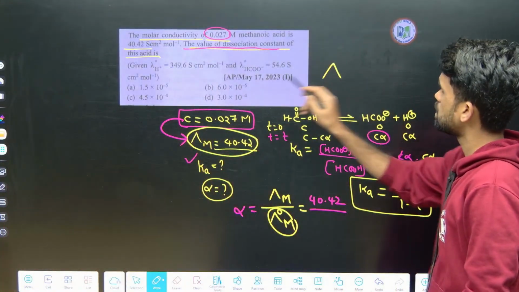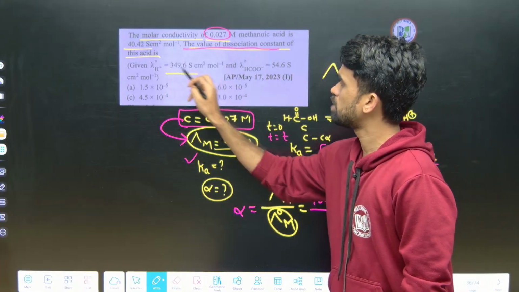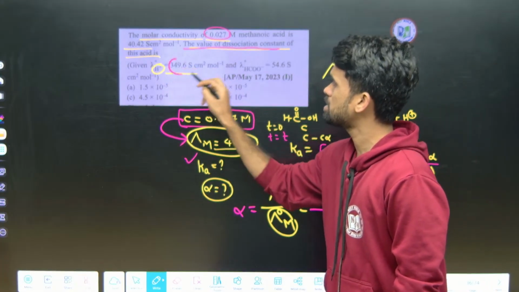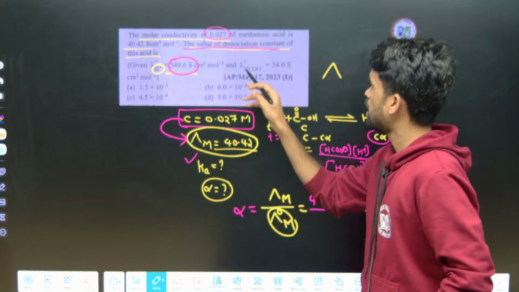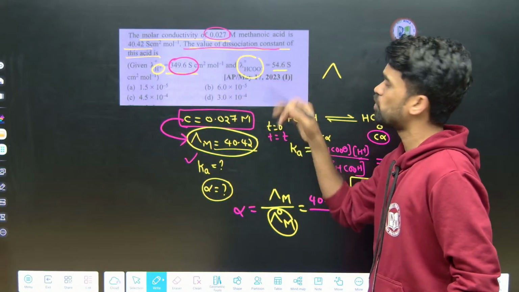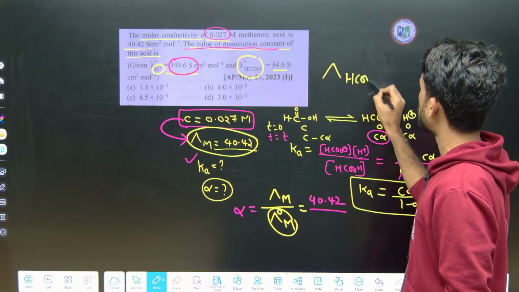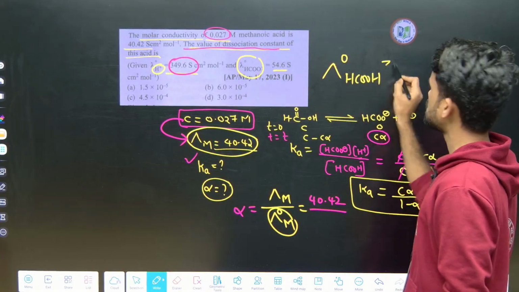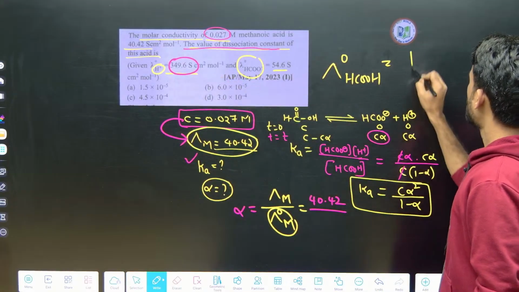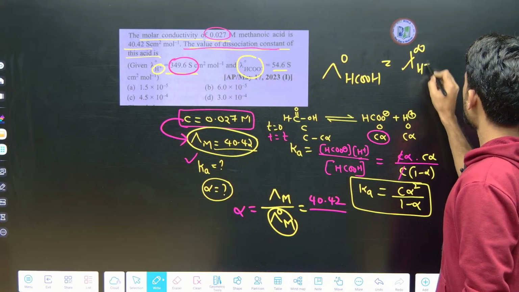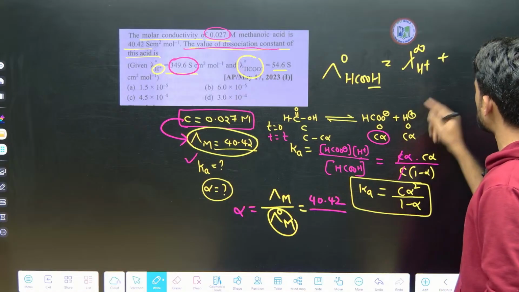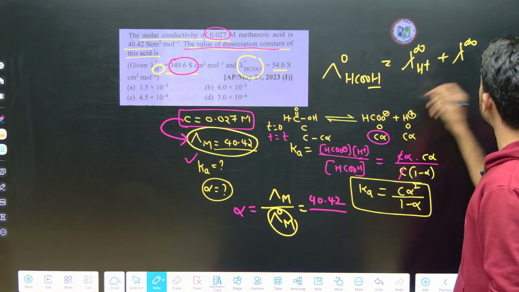So how do you write that limiting molar conductivity? You can see the data provided here: limiting molar conductivity of H plus ion is 350, we already studied, and formate ion is 54. So formic acid limiting molar conductivity will be the ionic conductance of H plus ion plus the ionic conductance of formate ion.